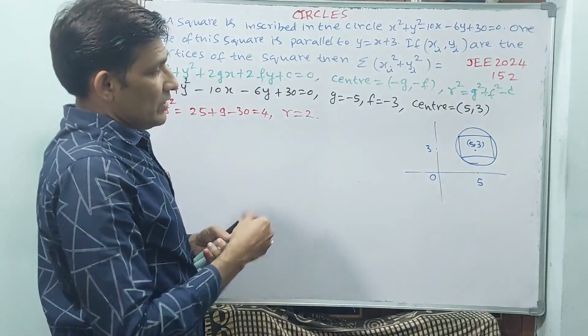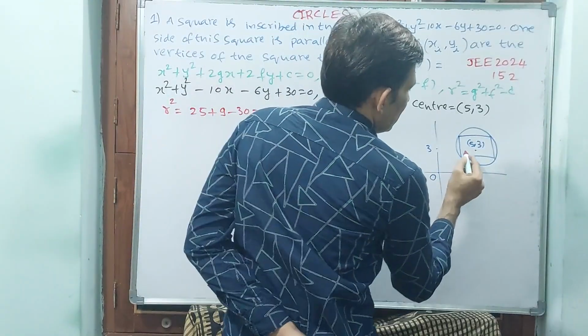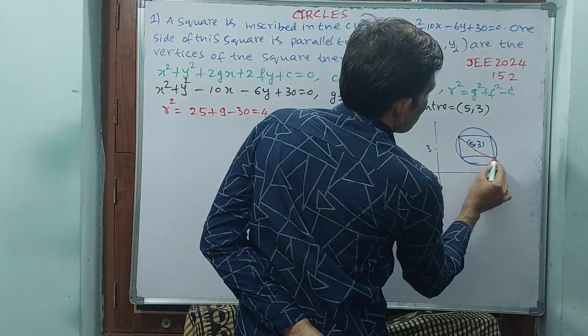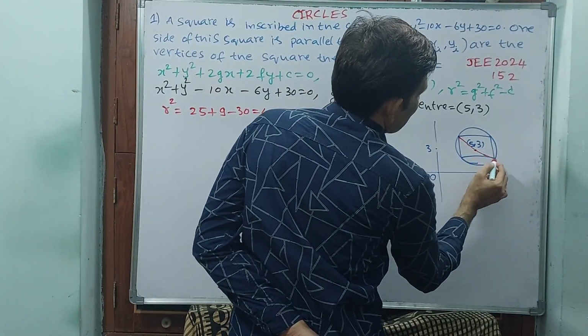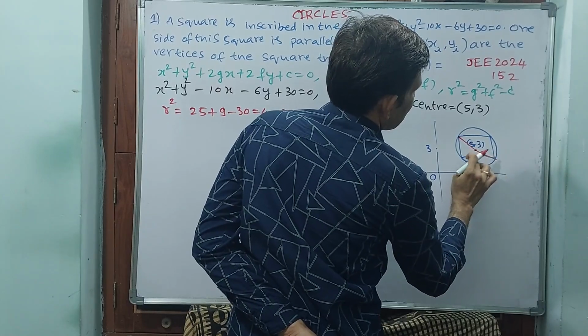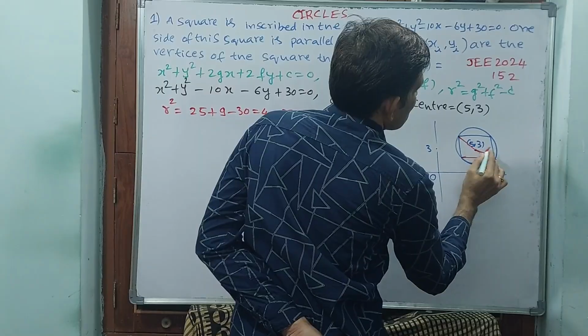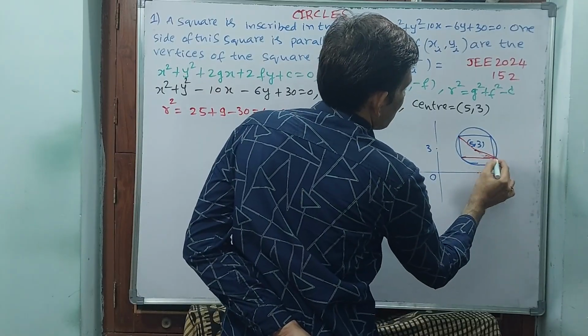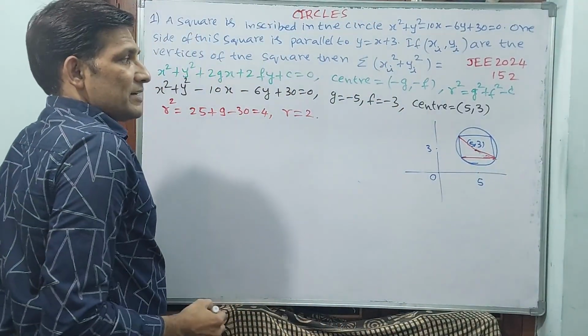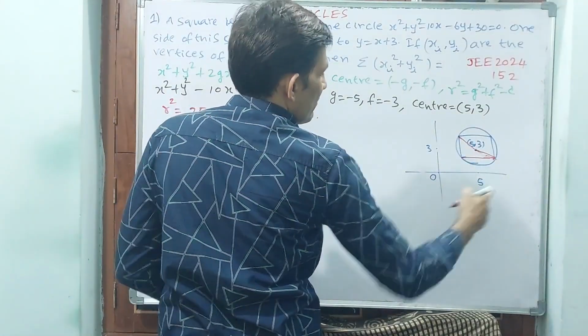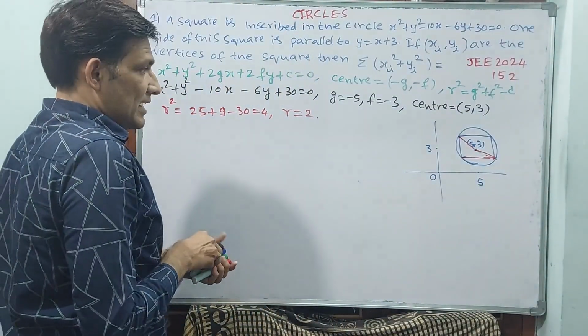Okay, observe carefully what I am writing here. See, this is your diameter. Radius is 2, so diameter will be 4, but I don't want it. I am taking it like this.